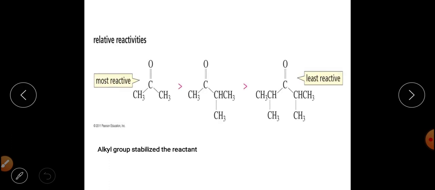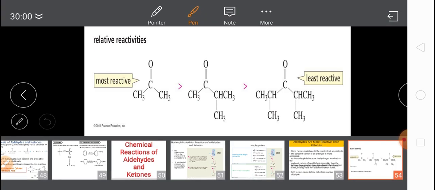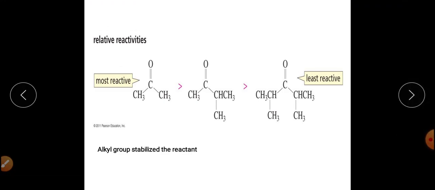Second one, for example, this is a general trend that can be seen, and this general trend is, this is acetone, this is your another ketone in which we have more steric crowding, and this is your another ketone in which we have a bulky group. This is isopropyl group, and this is isopropyl group.